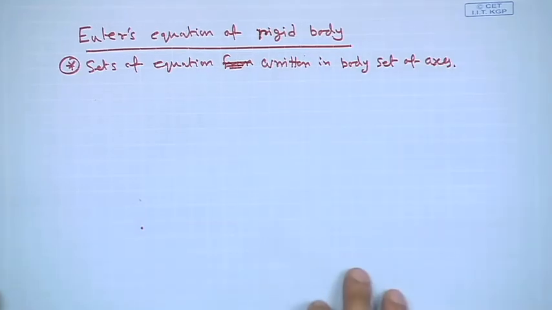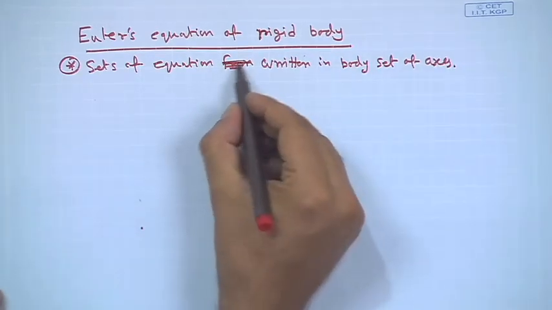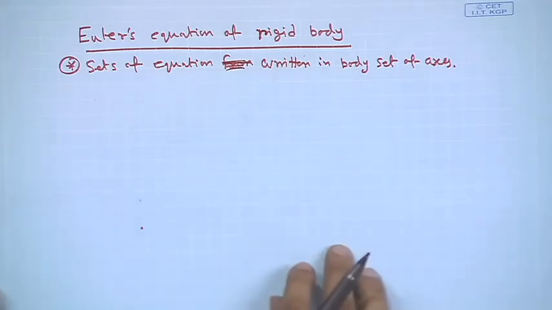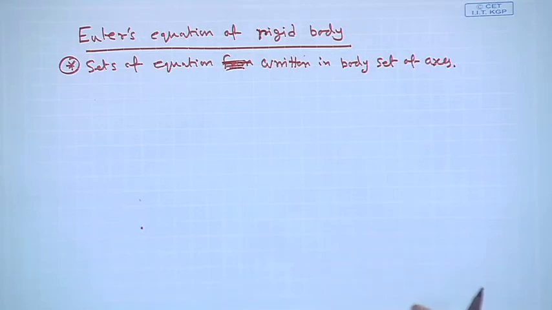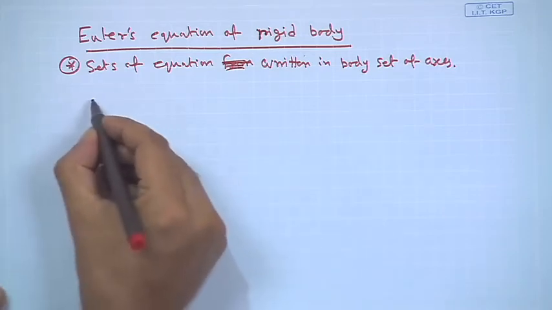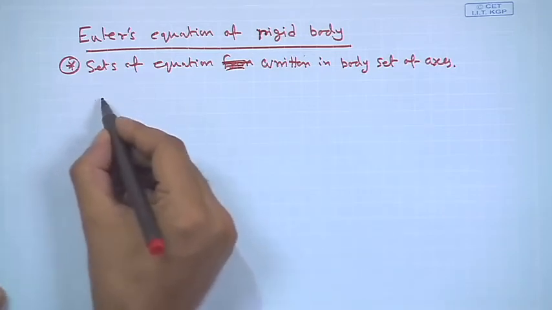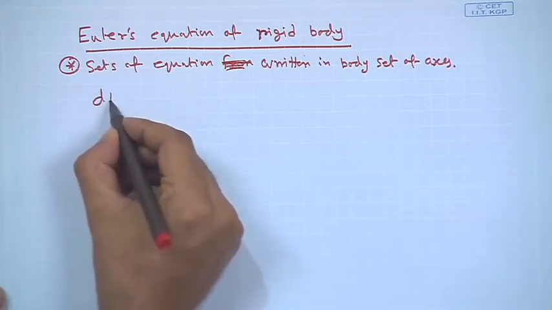There are ways of connecting this with the space axes, because finally we want to integrate and see what the dynamics are. For certain cases, of course, we are happy with sitting in the body set of axes, but sometimes we would like to set ourselves in the space set of axes and see the dynamics from there.